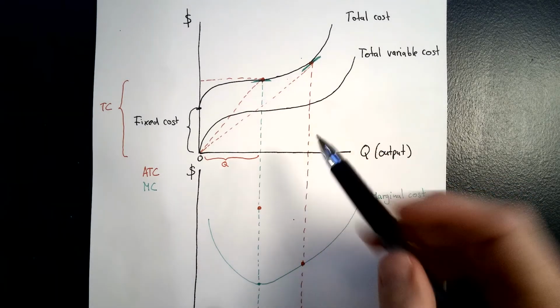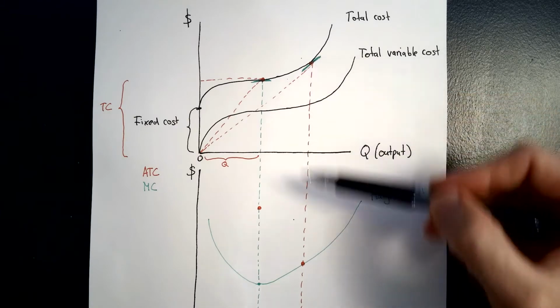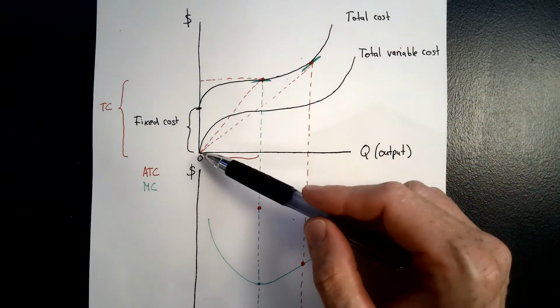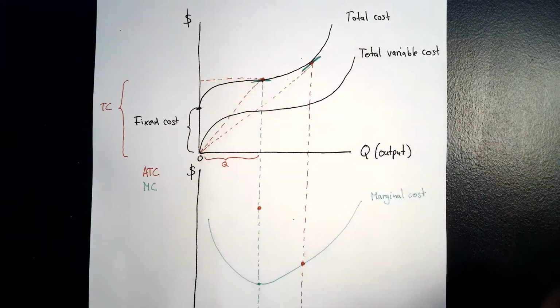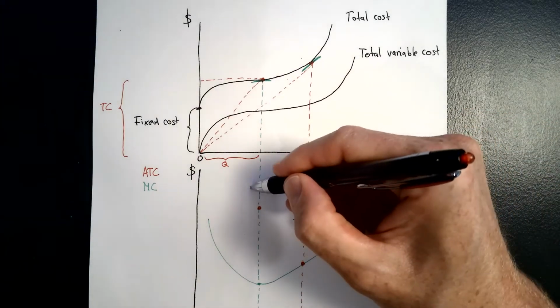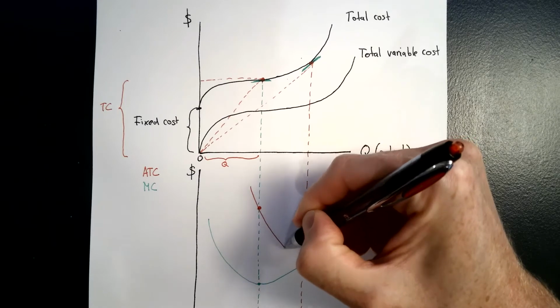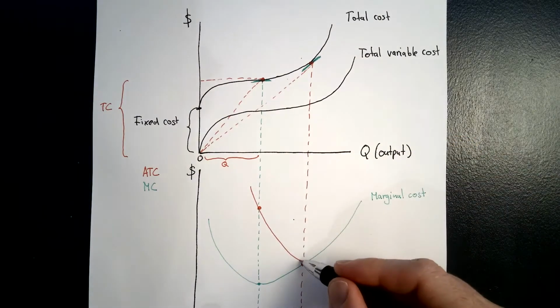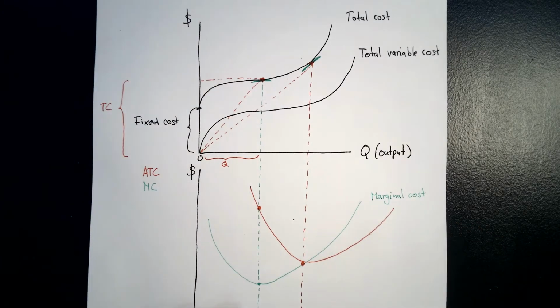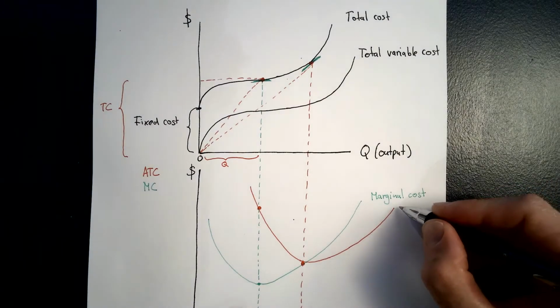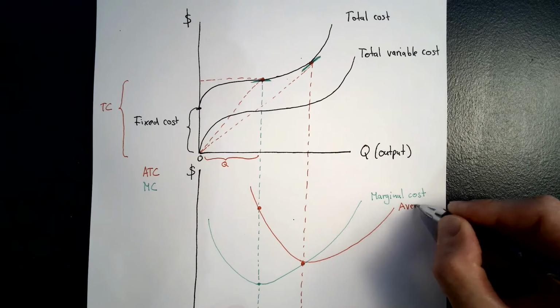So if we were to calculate the marginal cost and the average total cost for each point, then we would get a function that would look like this. It's inverse U-shaped. So here we have the average total cost.